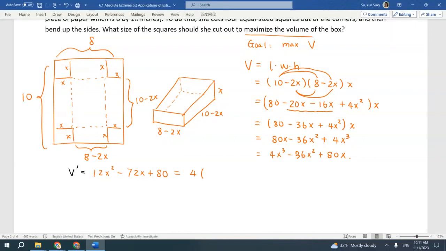If you factor out a 4, what's left? 3x squared minus 72 divided by 4 is 18x. 4, and then what times 4 is 32? 8, yes.